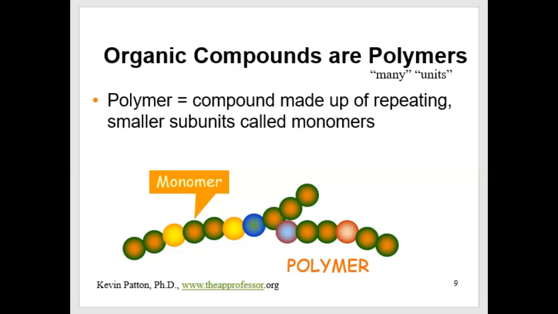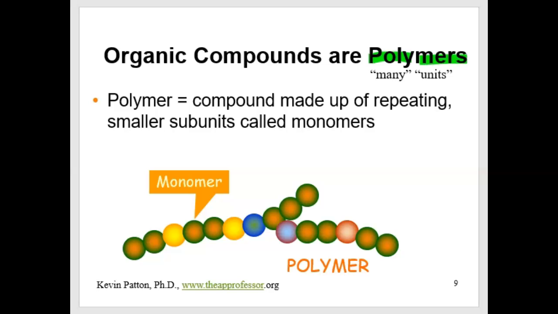Okay, so we're going to move beyond functional groups and now talk about organic compounds in general. So organic compounds consisting of a carbon framework are also called polymers because they are made up of many subunits. Poly meaning many, meric meaning a subunit.